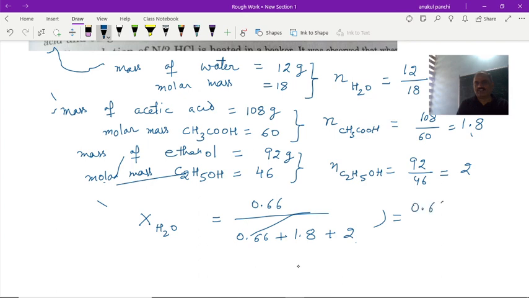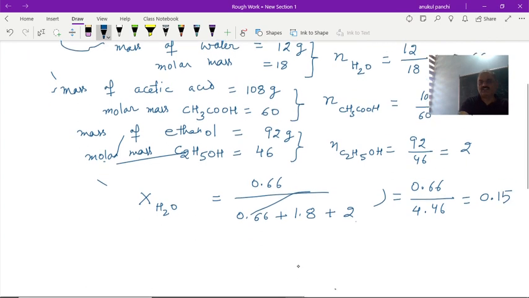So 0.66 divided by their sum, it is around 4.46. If you solve it, you will get 0.147. We round it off, it is 0.15.